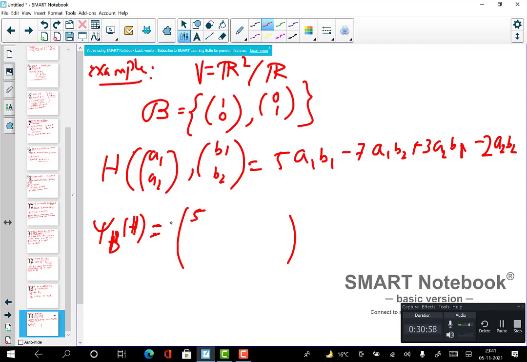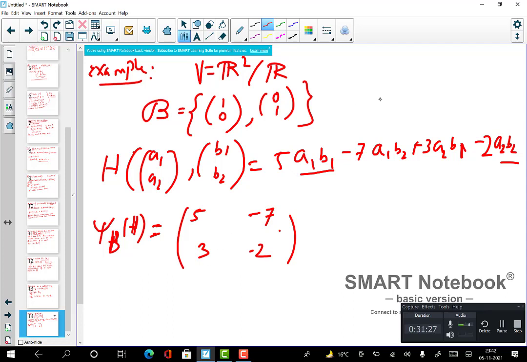Similarly, the second one will serve only when a1 and b2 are there, so this is minus 7. So this is 5, 7, with a1 b1 here and a2 b1 here. So this is a matrix representation with respect to the standard basis.